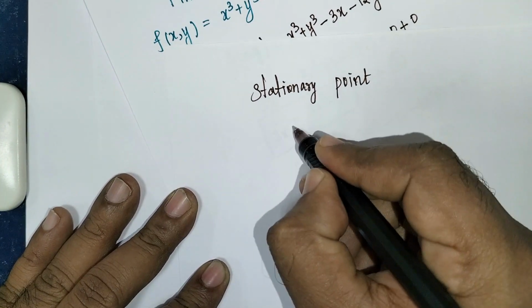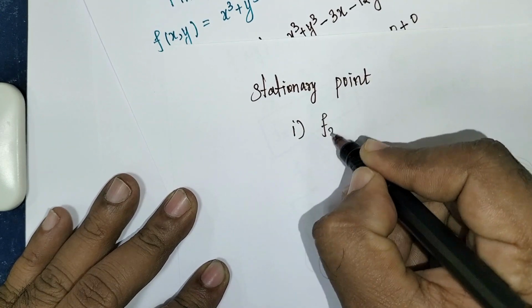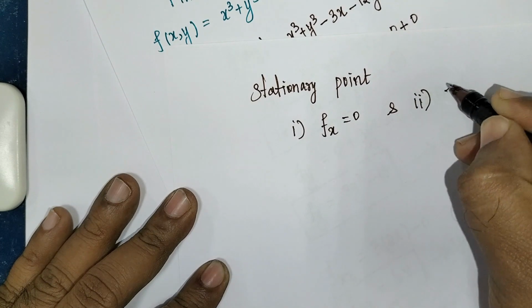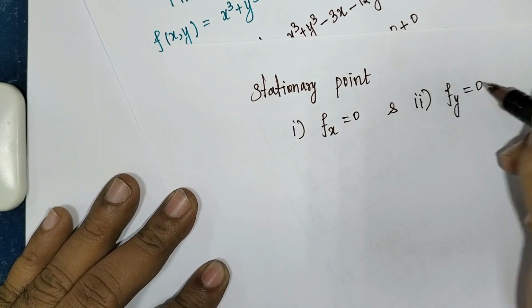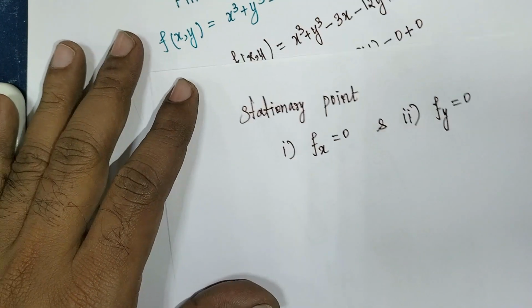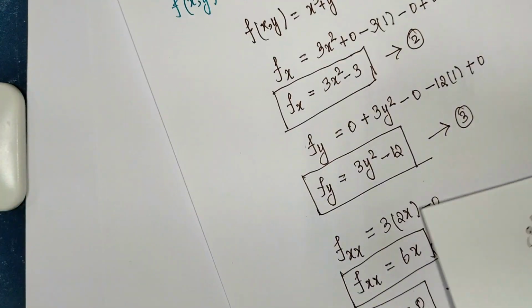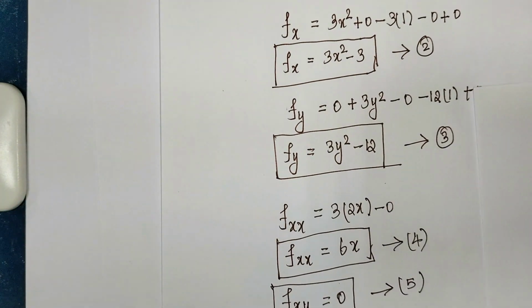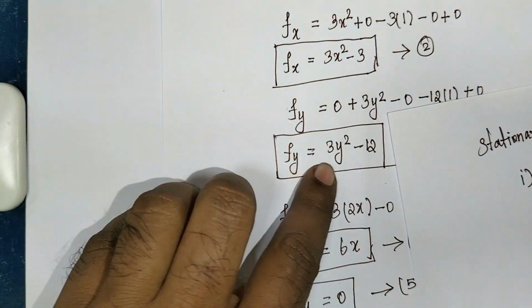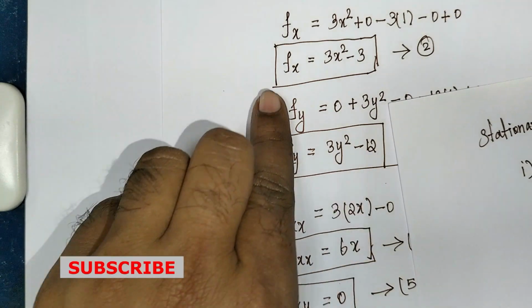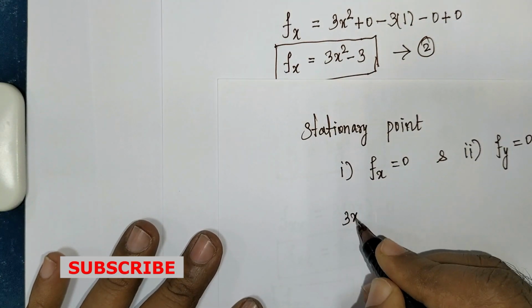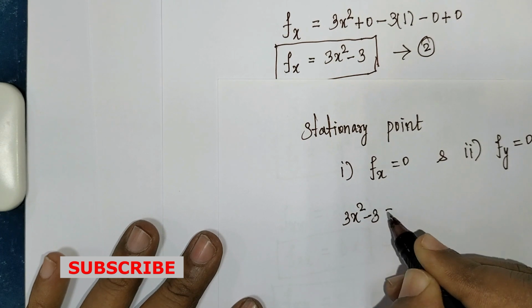So we take the first condition fx equal to 0, and the second condition fy equal to 0. So we have to equate. In your problem, fx equal to 3x square minus 3, and fy is 3y square minus 12. Fx equal to 0 means we have to equate 3x square minus 3 equal to 0.